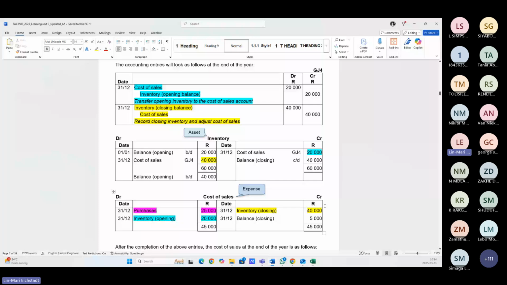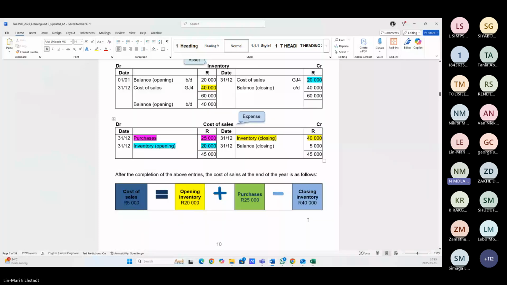So we had 45,000. If we take into account our opening inventory plus our purchases, what we were left with is 40,000, and thus we can deduce that our cost of sales is the difference between the two, being the 5,000. Does that make sense?